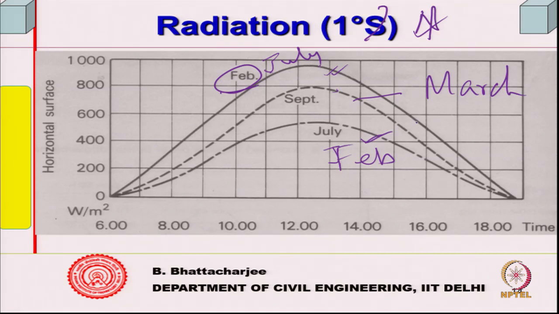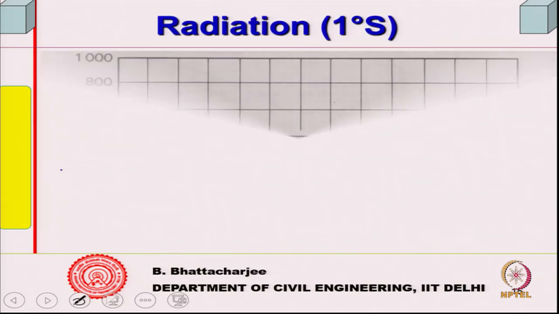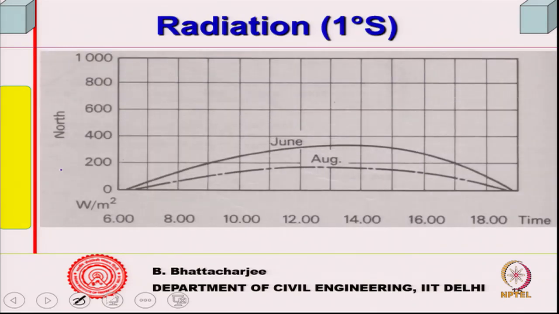So, you get a lot of radiation during the summer time, but at the equator this is what a horizontal surface receives, right. And if I come to the north surface at 1 degree south latitude, this is their winter and this is the summer.